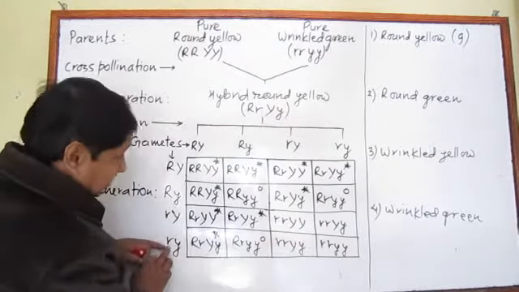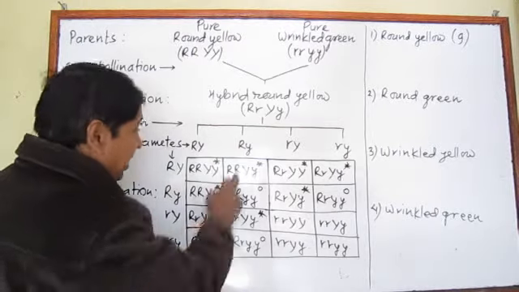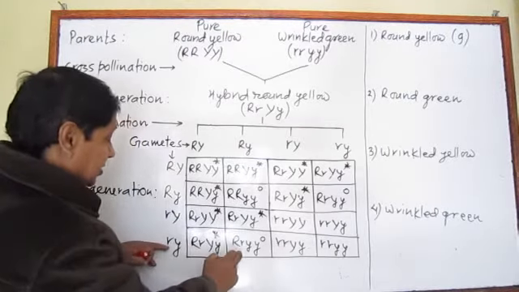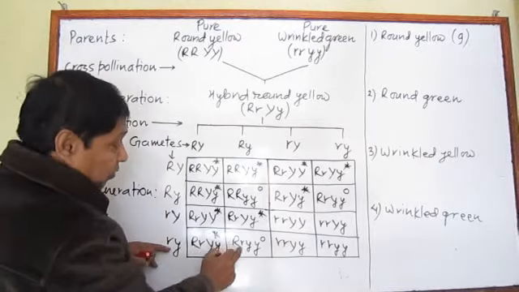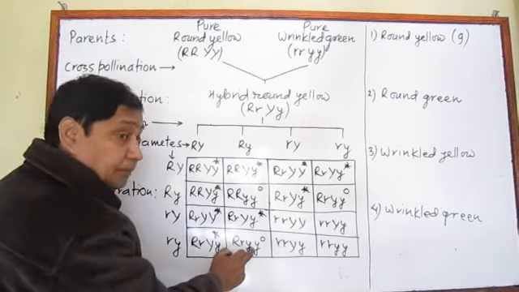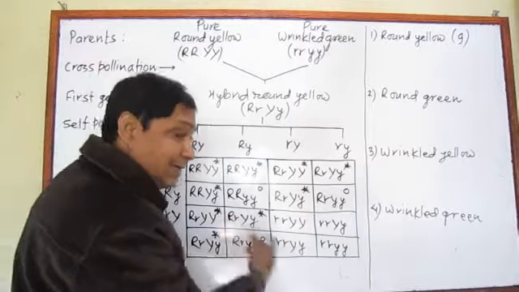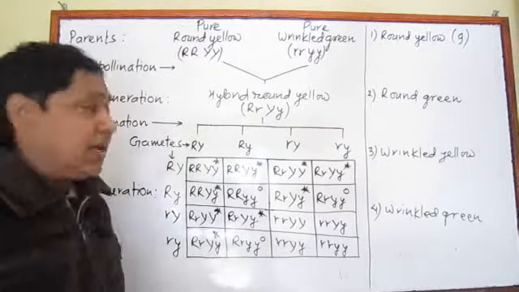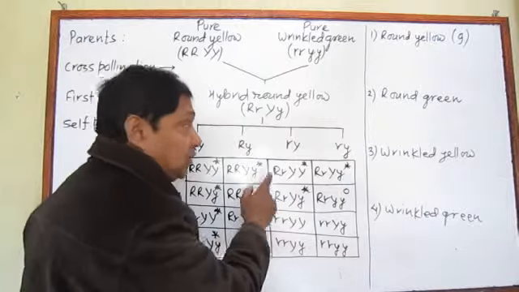And if we see this one combining with this one, R capital, small r, and small y, small y. One of the R is capital, that's why it is round. But both Y is small, that's why it is wrinkled. This way, looking at this genotype, we can say what is its phenotype.